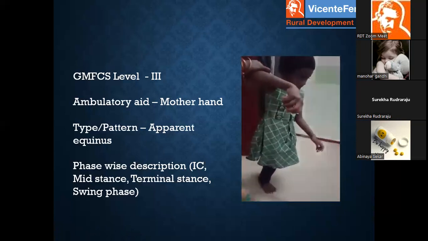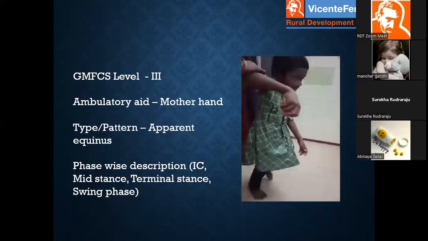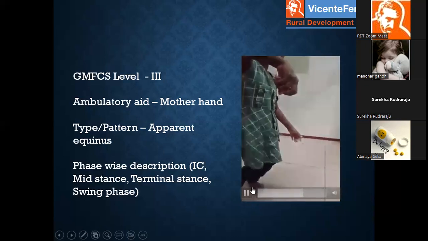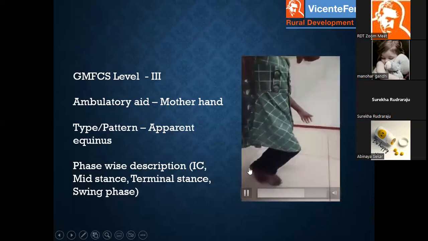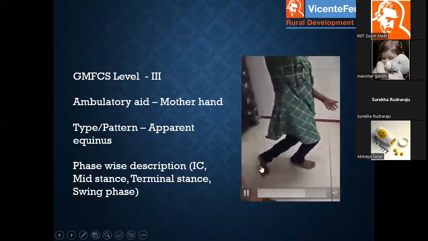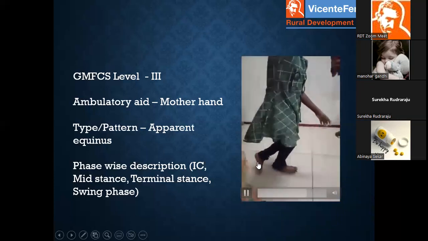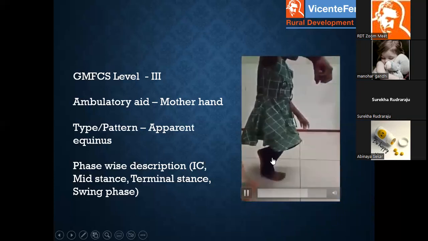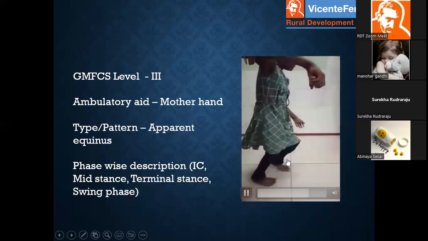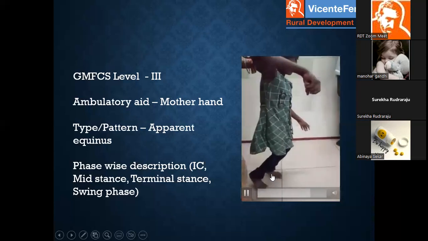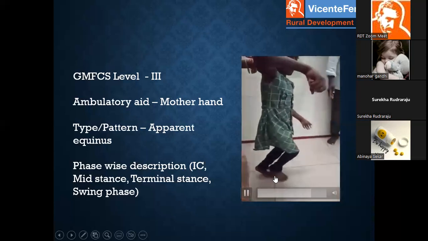So you can see scraping of the toes during swing phase, and in mid stance there is flexion of the knee, and this is not completely in the equinus position. So there is a decrease in the angle between the lower leg and the dorsum of the foot. Is it clear? But still it is not completely flat. So what gait is it? Equinus.